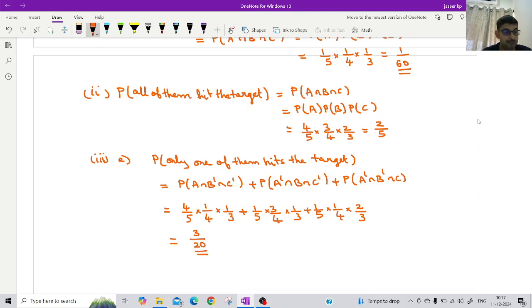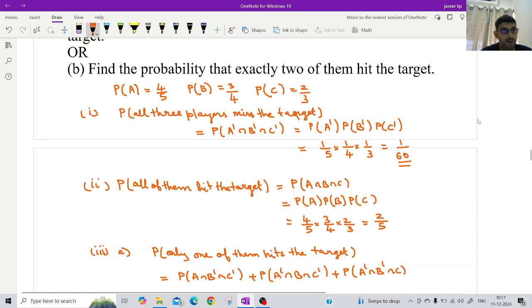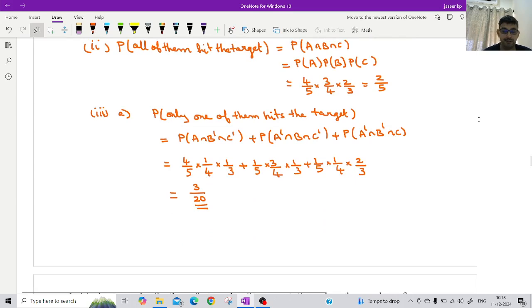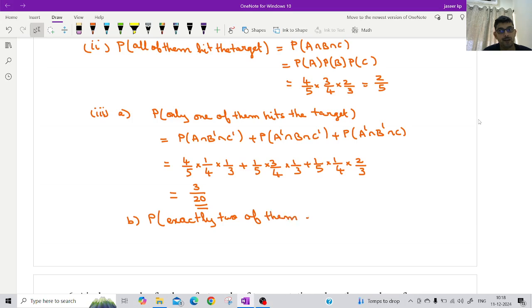Now come to the B part. Find the probability that exactly two of them hit the target. That is, A and B are hitting the target, C is not hitting the target. So probability of exactly two of them hitting the target.